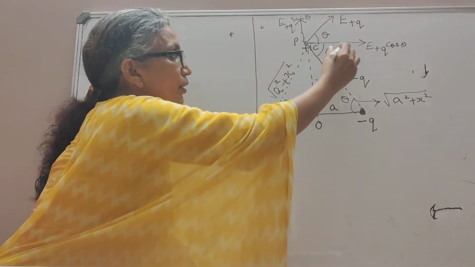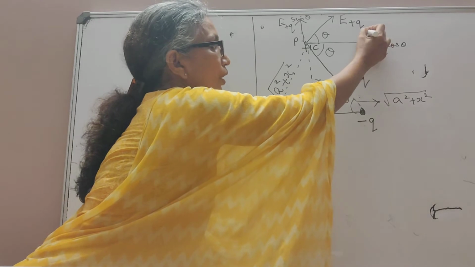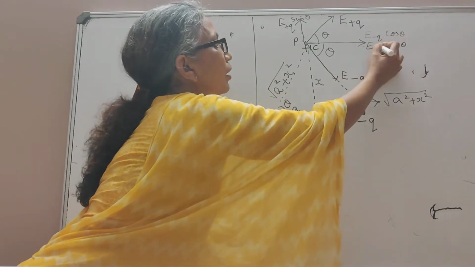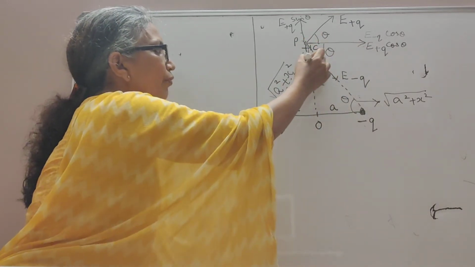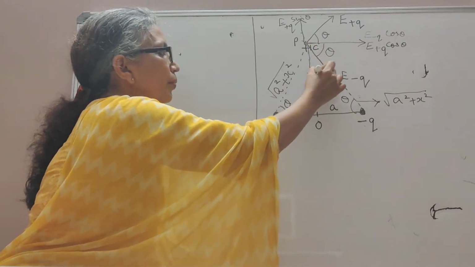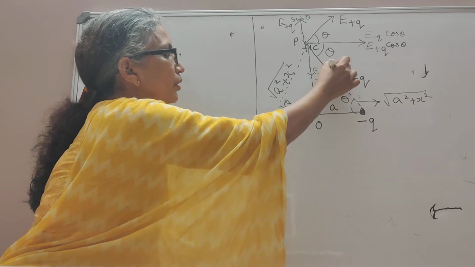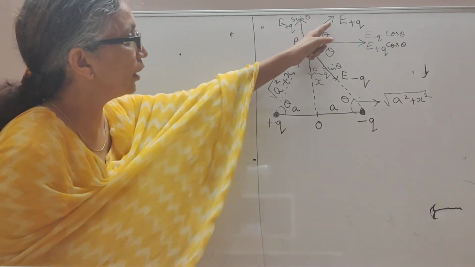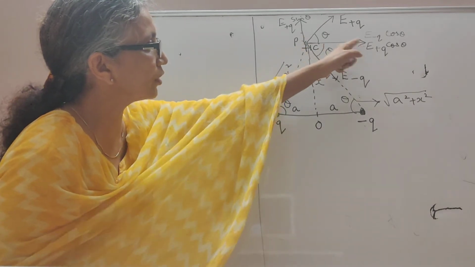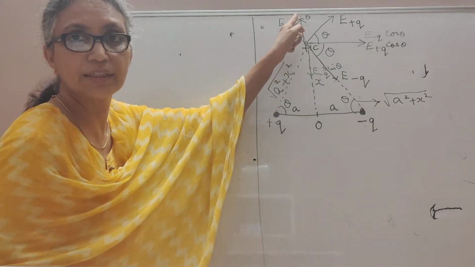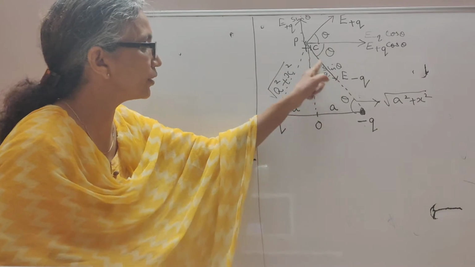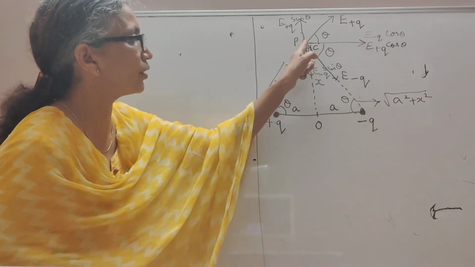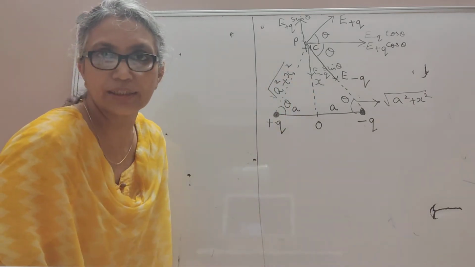This is the adjacent side, so here I will have E minus Q cos theta, and here I will have E minus Q sin theta. I hope you understood this. That is, E plus Q has components E plus Q cos theta and E plus Q sin theta. Similarly, E minus Q has components E minus Q cos theta and E minus Q sin theta.